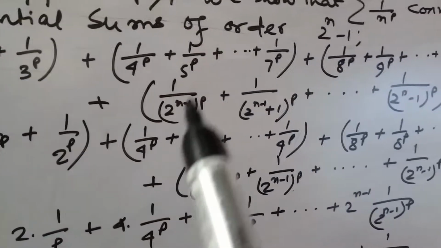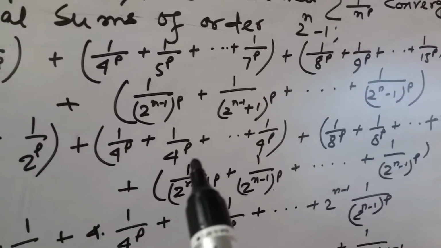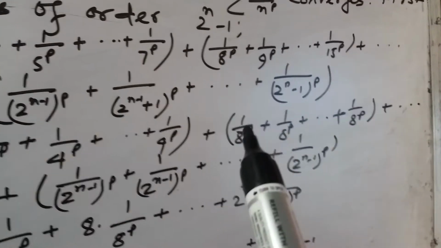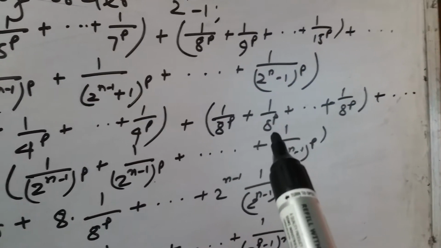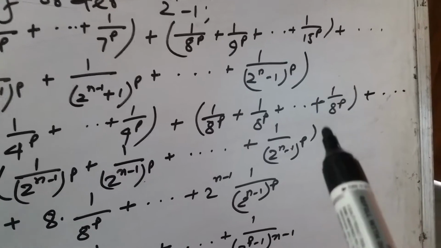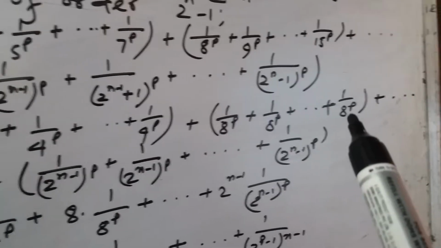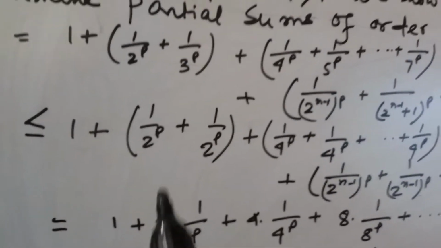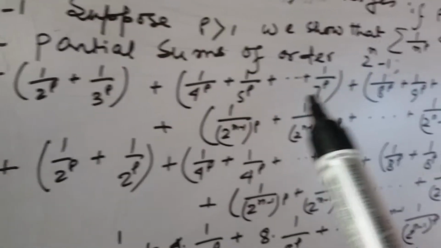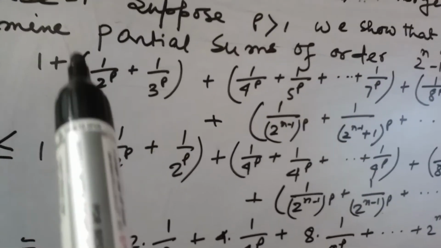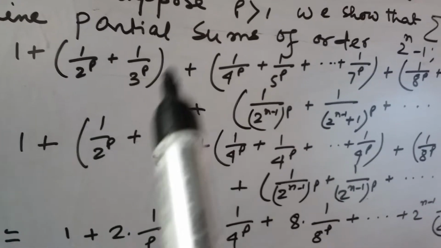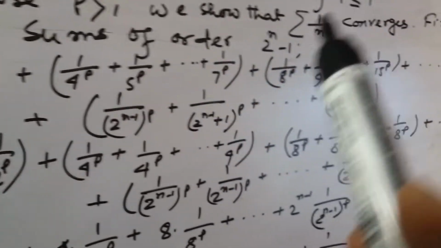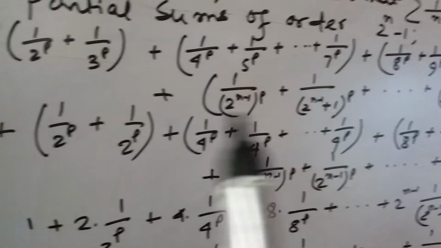Here 5 to the power p, you keep 4 to the power p; 7 to the power p, you keep 4 to the power p; 8 to the power p, 9 to the power p, you keep 8 to the power p; 15 to the power p, you keep 8 to the power p. Again we discuss. At first we write the first term 1, the second term you keep 2 terms, the third term you keep 4 terms, 8 terms, in this way.